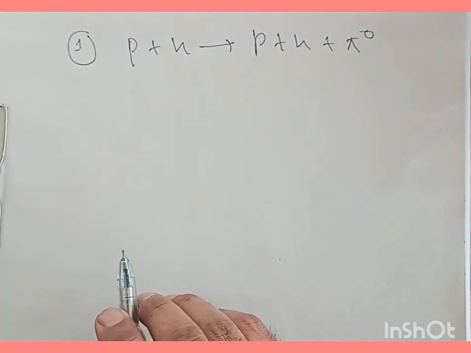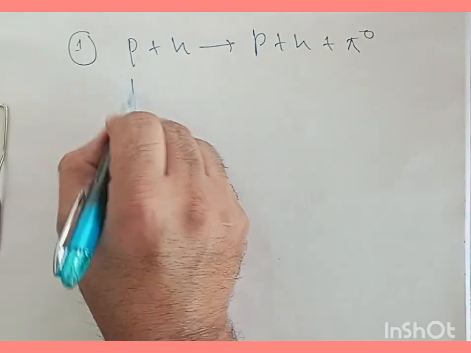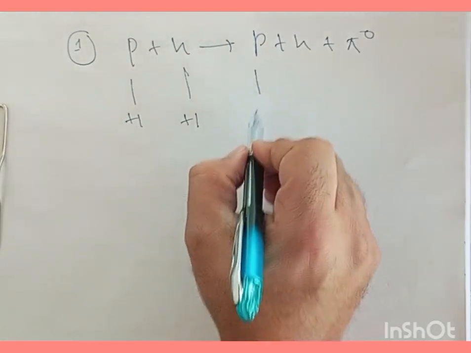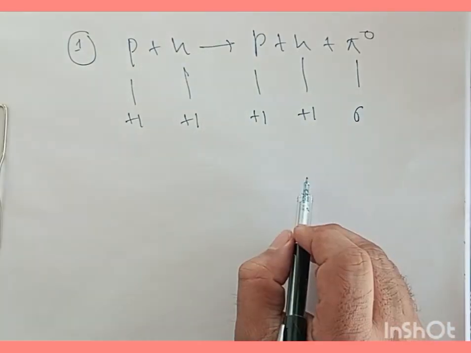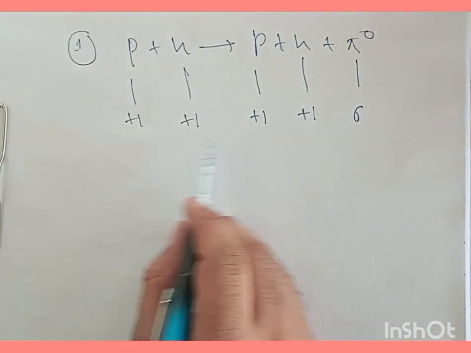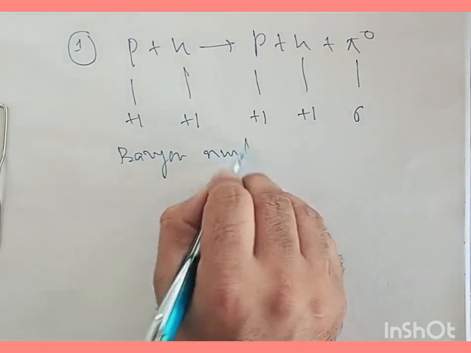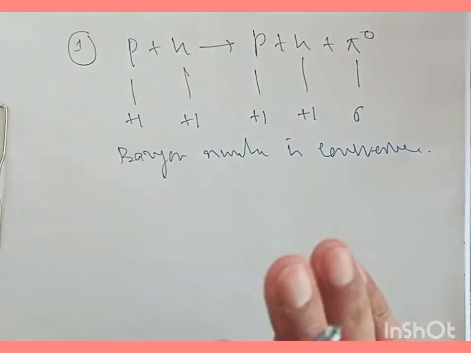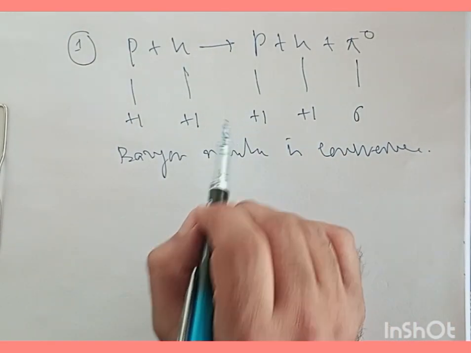What is the baryon number before this decay? Here we have +1, here we have +1. And after we have +1, +1, and here we have 0. So we can see that the baryon number is conserved.